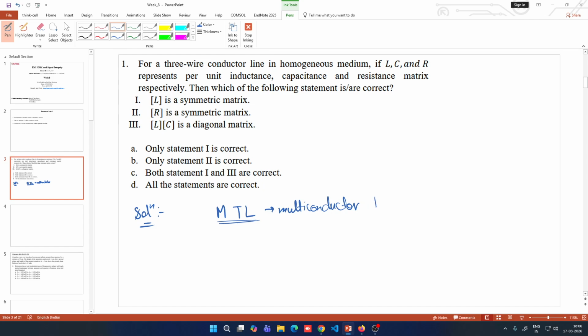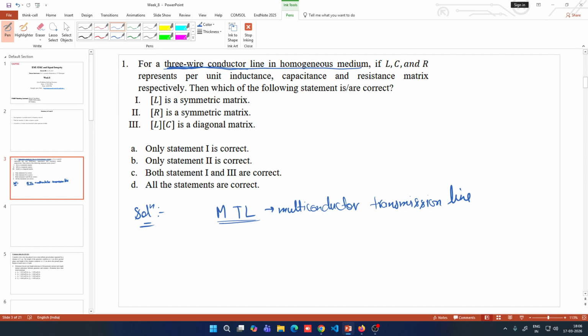Here we have a three wire conductor line in homogeneous medium. For this course, we are not going beyond three wire conductor systems.